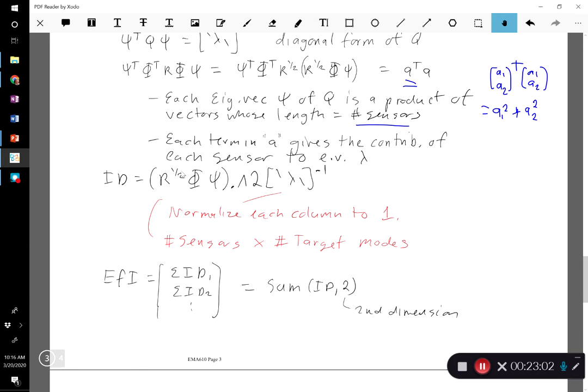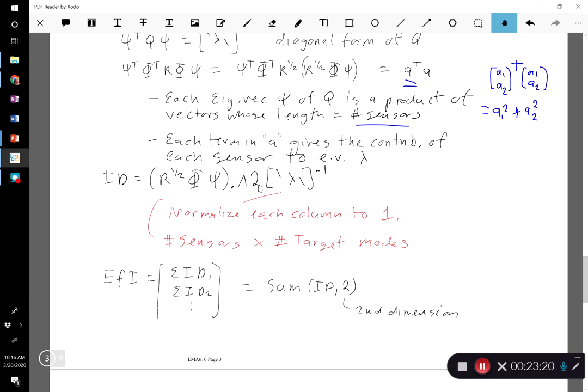Actually, it's a matrix, and each column corresponds to one of the modes. So each vector is a single mode. So we take that matrix, we square it. This is MATLAB notation for squaring each value. And then we normalize it by lambda inverse.